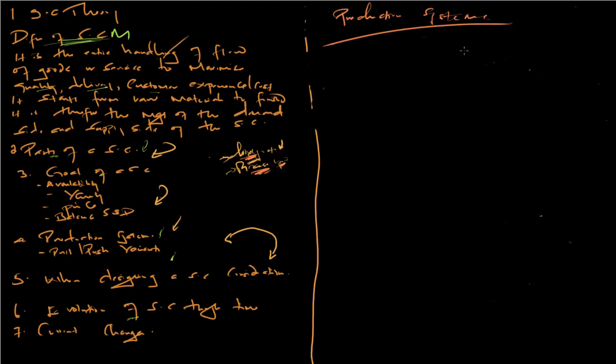The first one is called a pull system. The second one is called a push system, and it's a spectrum, as it were. On one end you have a push, and on the other end you have a pull.